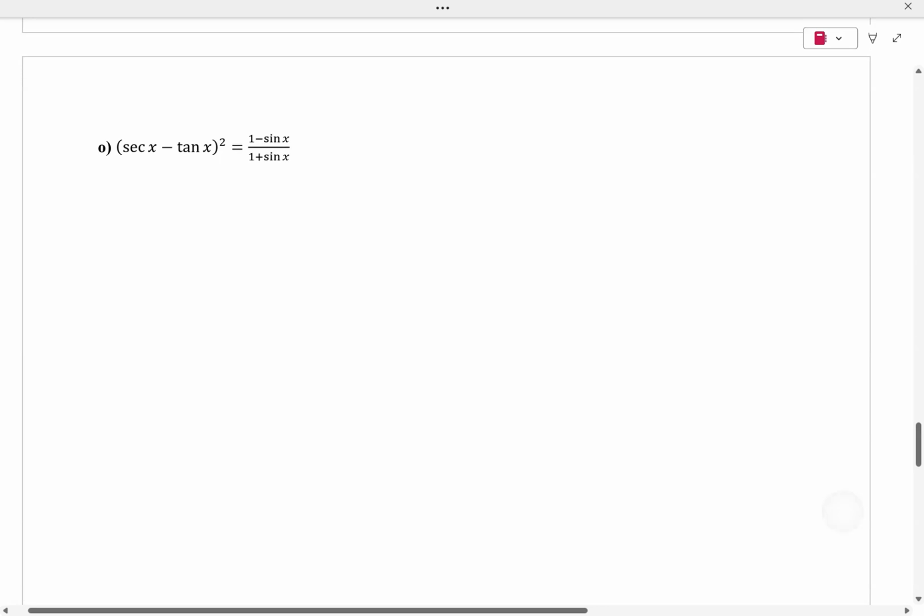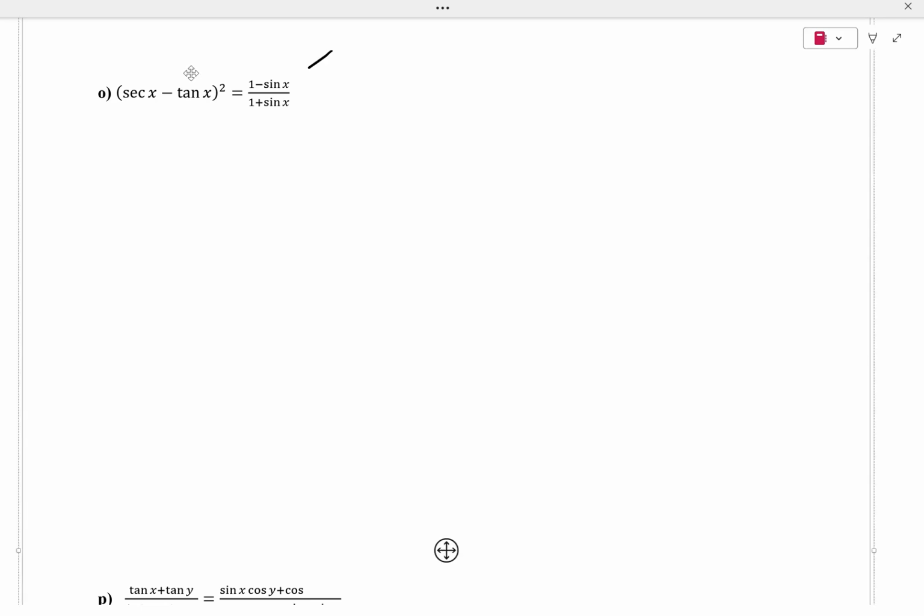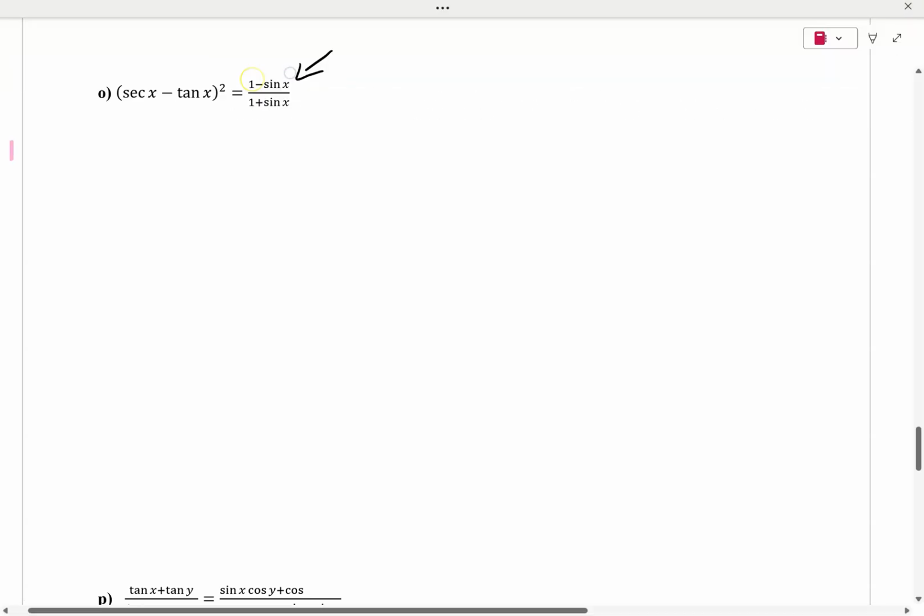Okay, let's see what we can do here. I don't think anything's missing on this one. So probably going to try to get down to this side. So let's see what we can do. Let's try changing the insides first.